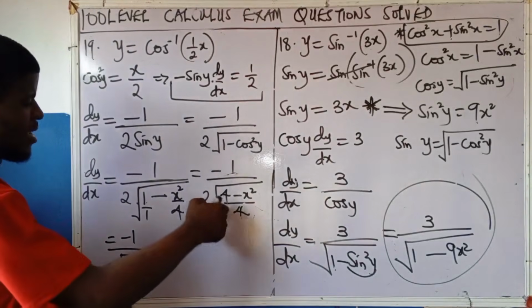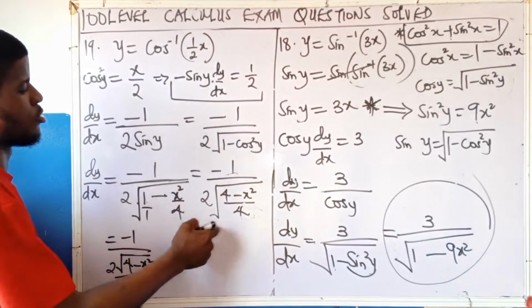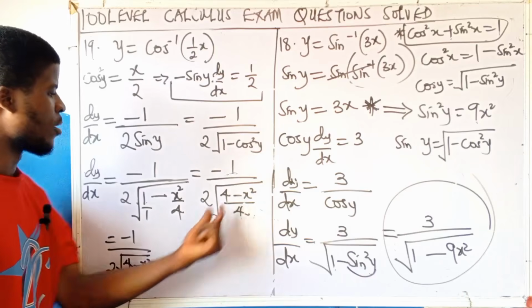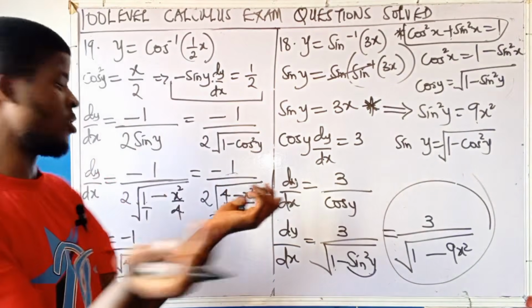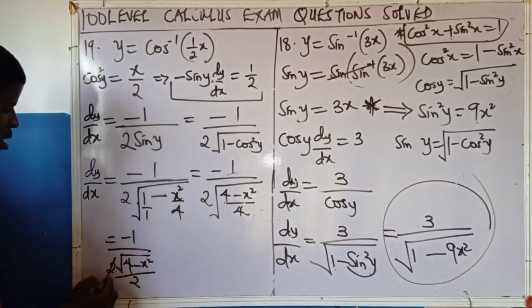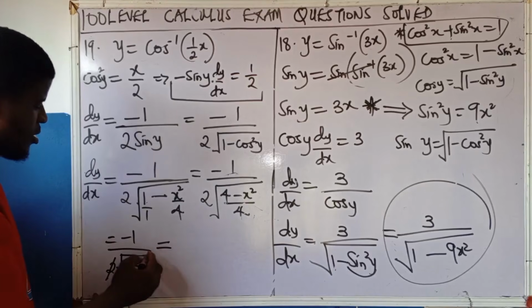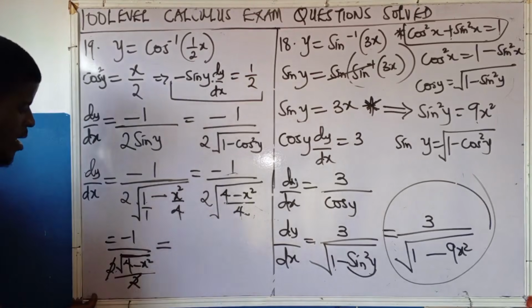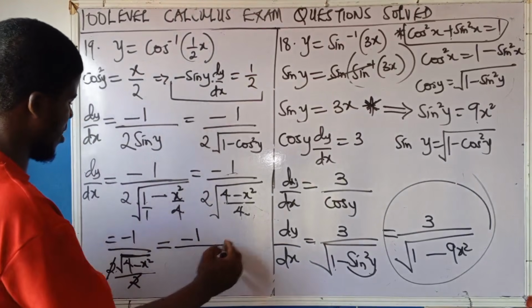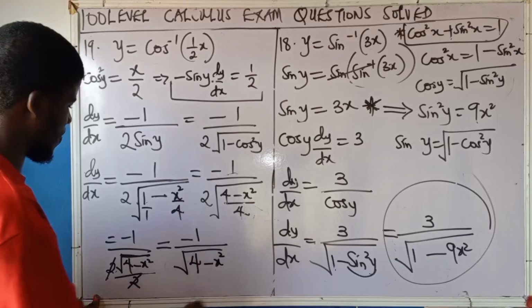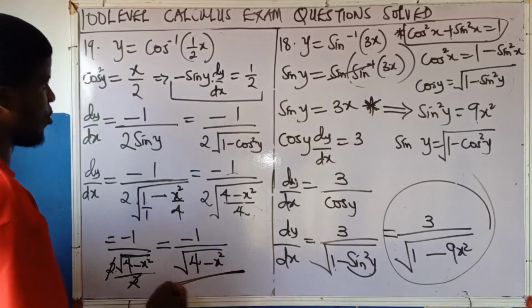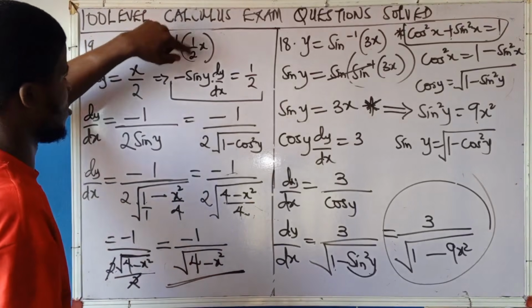The 2 is no longer inside the square root since I took the square root of 4 and it gave me 2. But this 4 minus x squared will still remain in the square root because I didn't do anything to it. And you know that this 2 can cancel this 2. What that means is that I have negative 1 divided by the square root of 4 minus x squared. And that is the derivative of the cosine inverse of 1 over 2x.